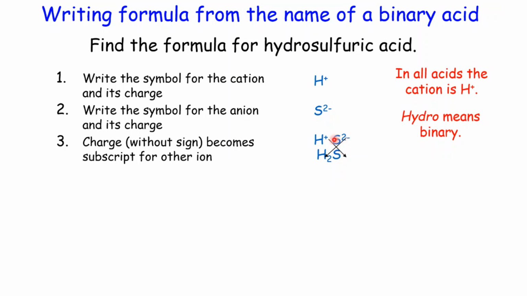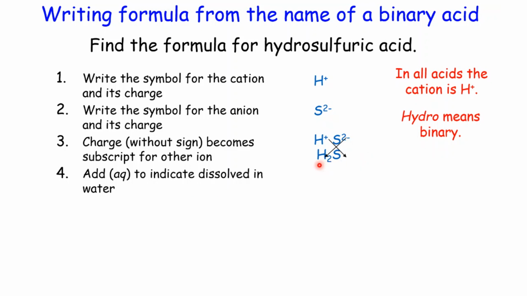And then the charge for sulfur is 2-, so we will simply use 2 without the sign. We just use the absolute value as the subscript of the other ion, which is hydrogen. That's why it's H2S. Then you add AQ to indicate it is dissolved in water, then it is an acid.